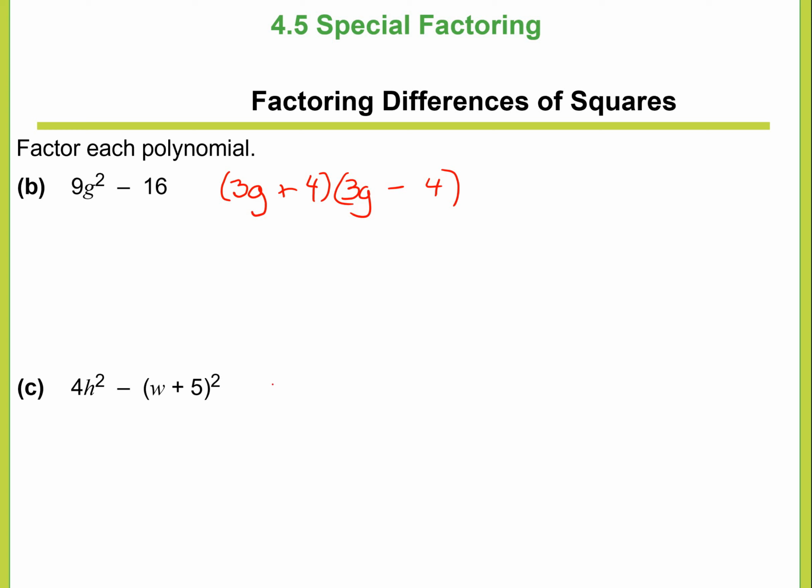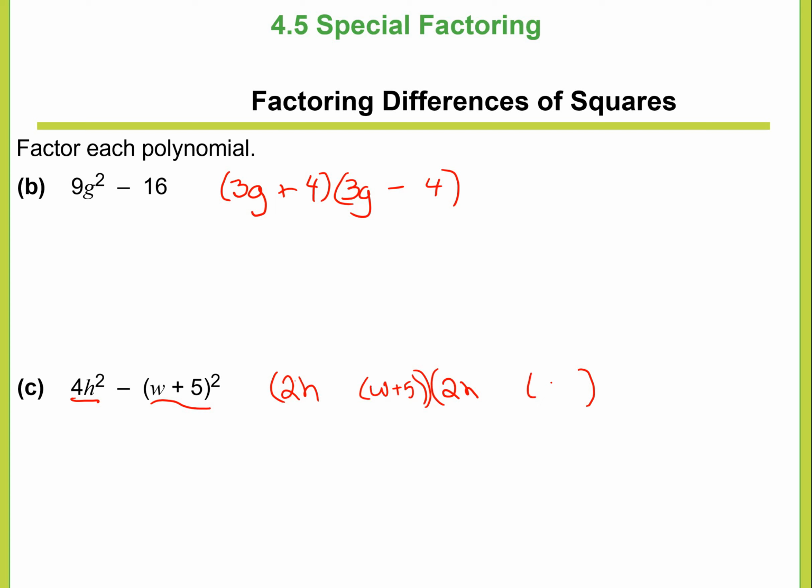C looks a little trickier, but it's still 4h squared is a perfect square, and w plus 5 all squared is a perfect square. So you do the same thing, just do what you know, and square root of 4h squared is 2h, and square root of w plus 5 squared is w plus 5.